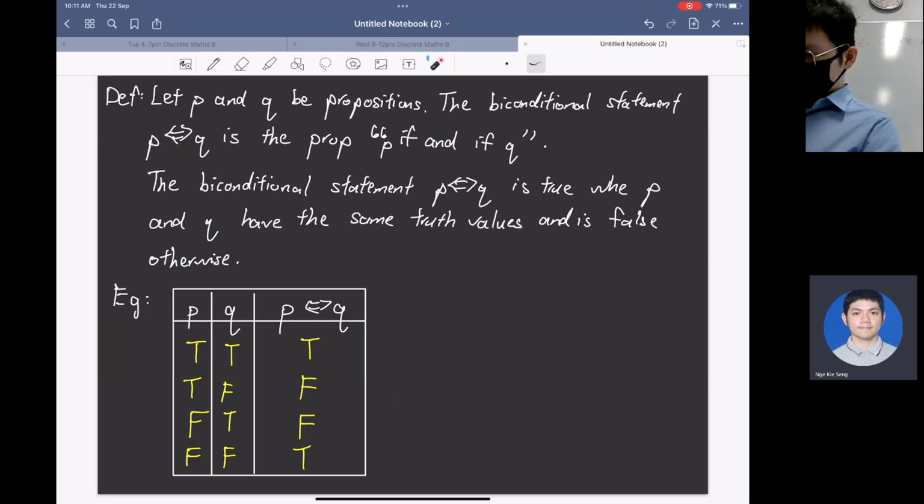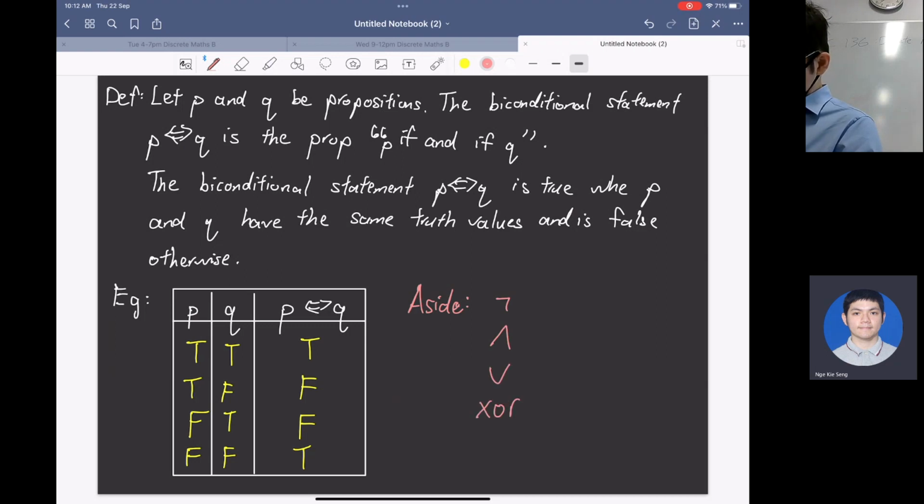Okay, so aside here, we conclude that we have negation, and, or, XOR, if then, and if and only if.